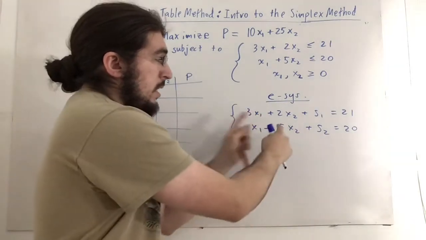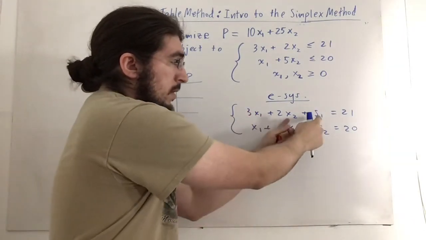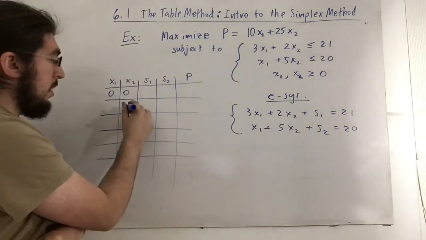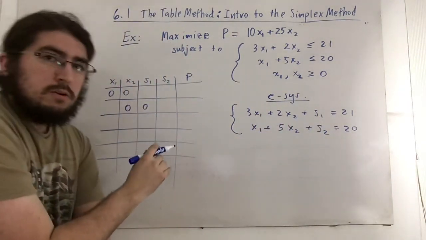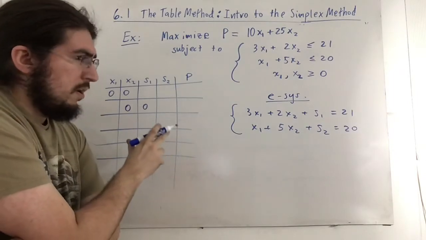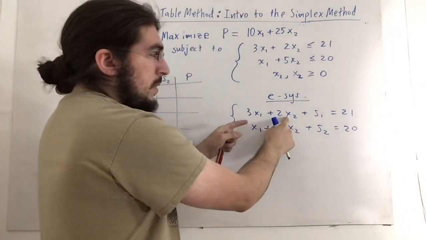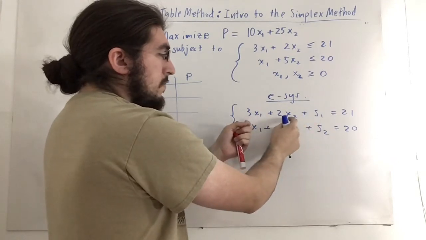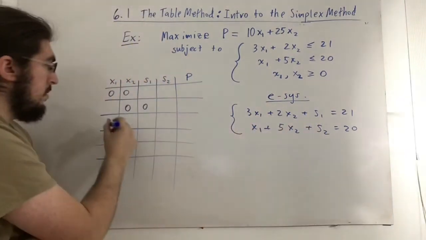If x1 is non-zero, then we want to make these two 0 in that equation. So x2 and s1 are going to be 0. Okay, I'm just going to fill out the zeros so we can follow that. Now if I want x2 to be non-zero, then I need x1 and s1 to be 0. There we go.